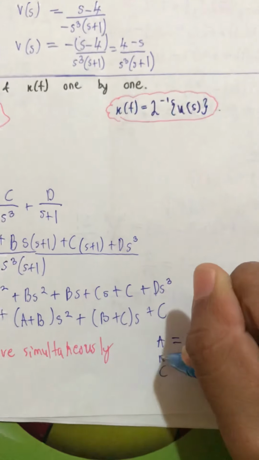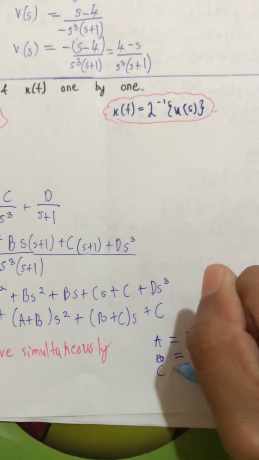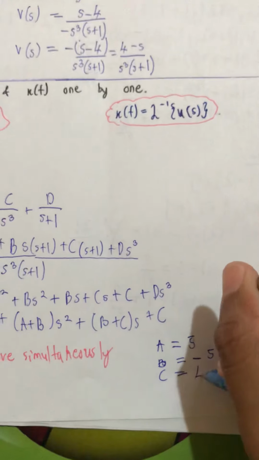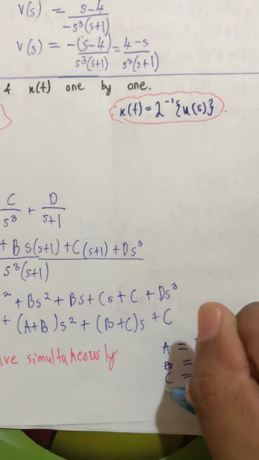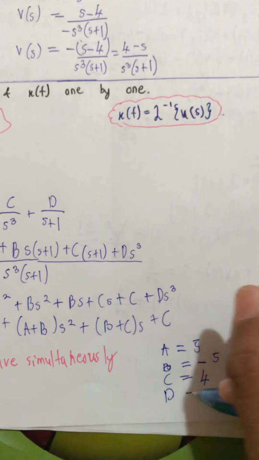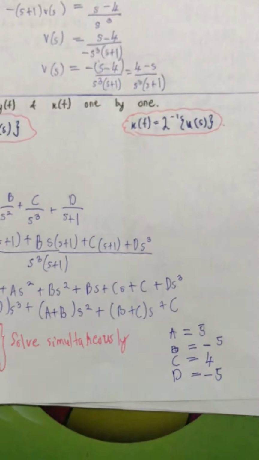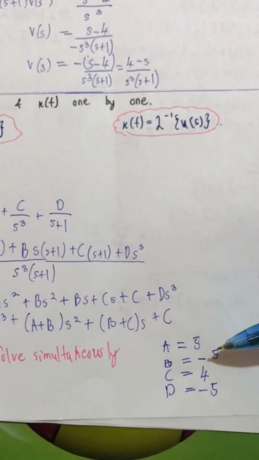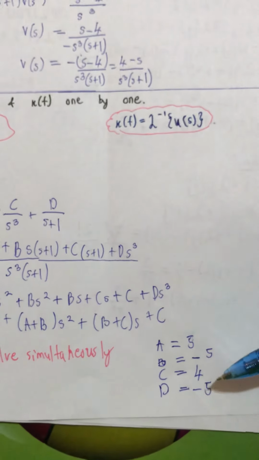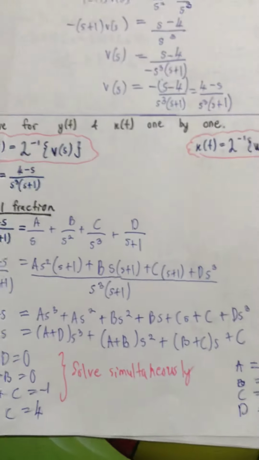Our C equal to 4, and then our D equal to minus 5. So after we get the value of A, B, C, and D, we just substitute into here.